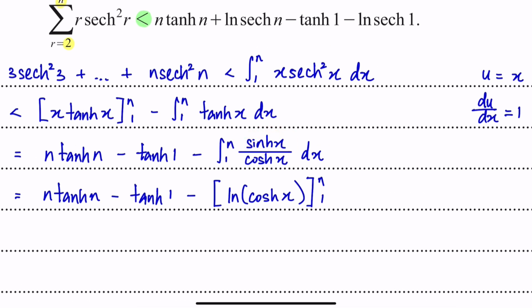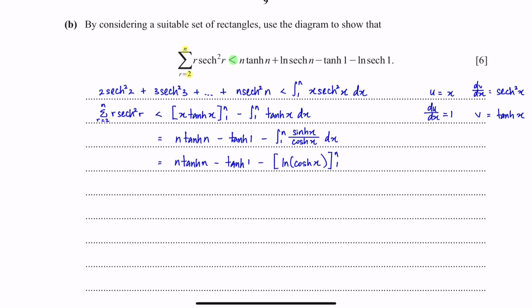Because sin is the integration of cos, and we can use the ln method to integrate them. So we have again n tan n minus tan 1 minus ln cos n plus ln cos 1. But you can see that they want it in sec instead of cos.